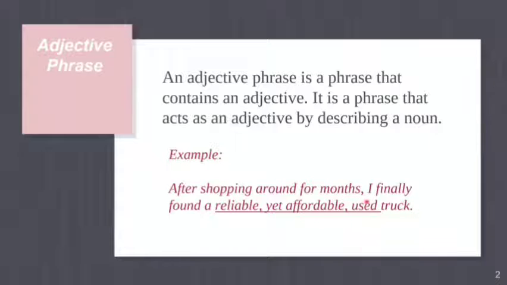We have the word used here, which is an adjective of the truck. But if you examine the whole sentence, there are these words: reliable yet affordable used truck. So obviously, these underlined words, or phrase rather, are an example of an adjective phrase that describes the truck.